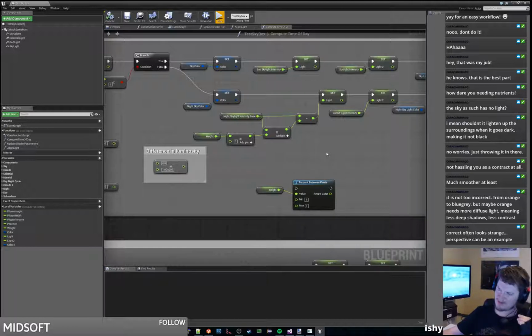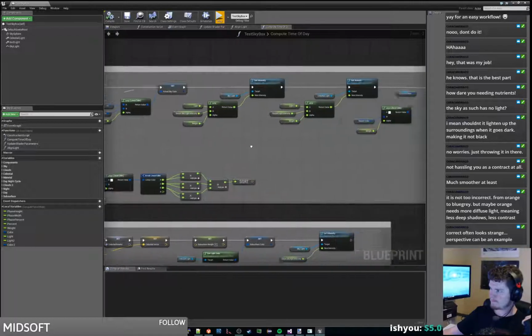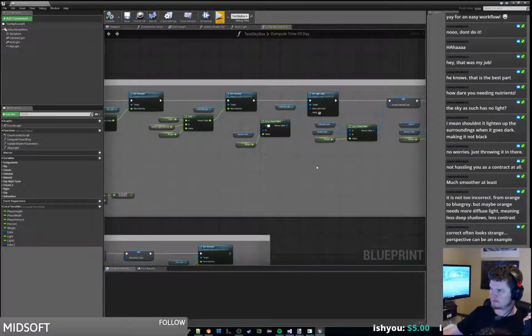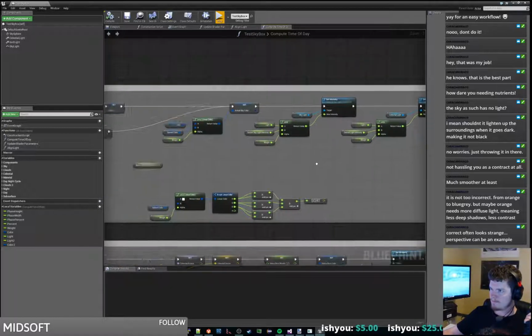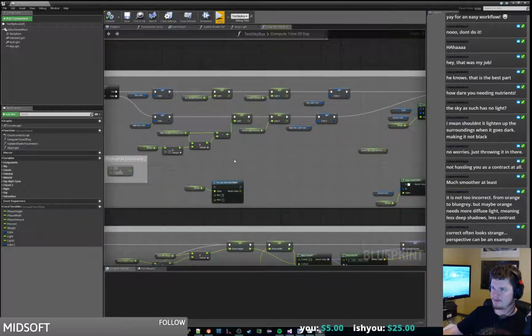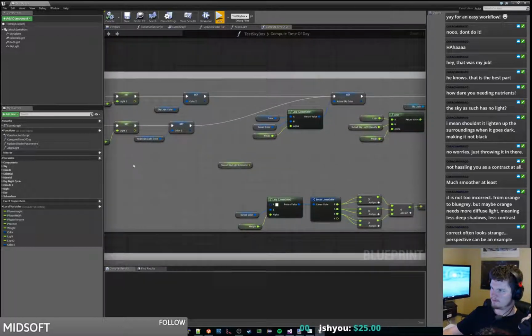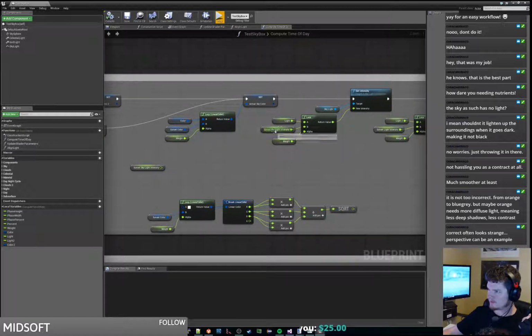Well, we could change the color that we start with. Intensity is light, so this is the intensity right here. We need this to drop faster. And the intensity goes from sunset skylight to light based on the weight.